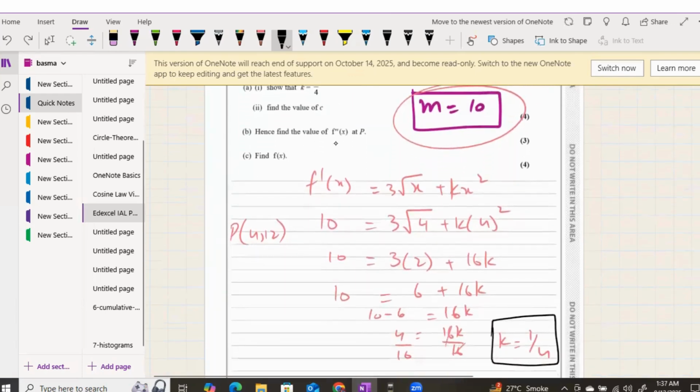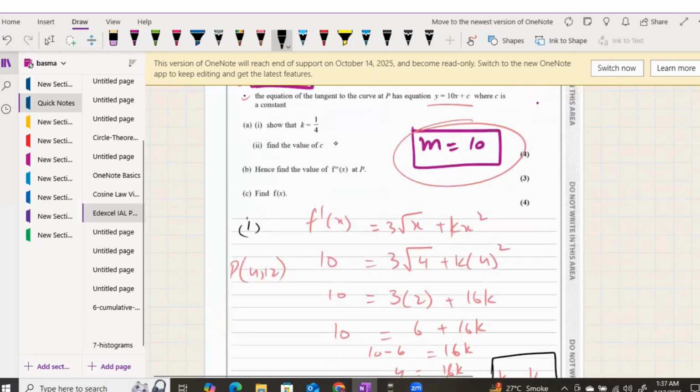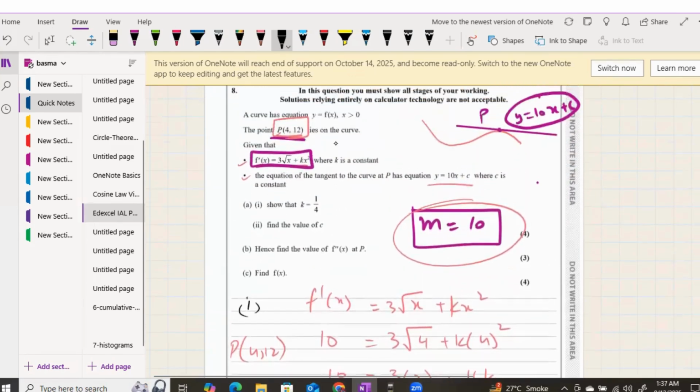This was part 1. Part 2 is find the value of c. Now we have to find this value of c here.